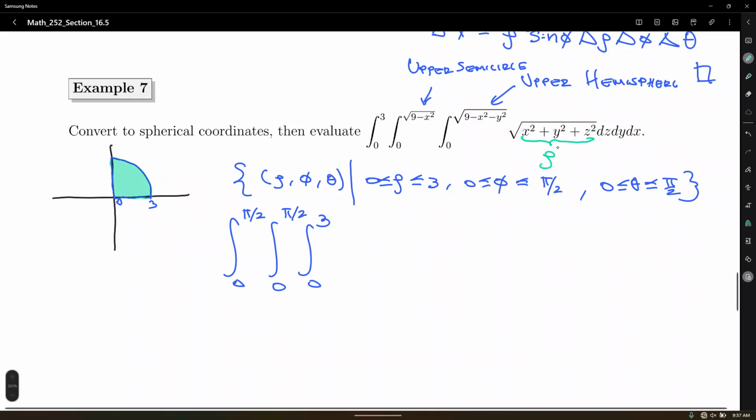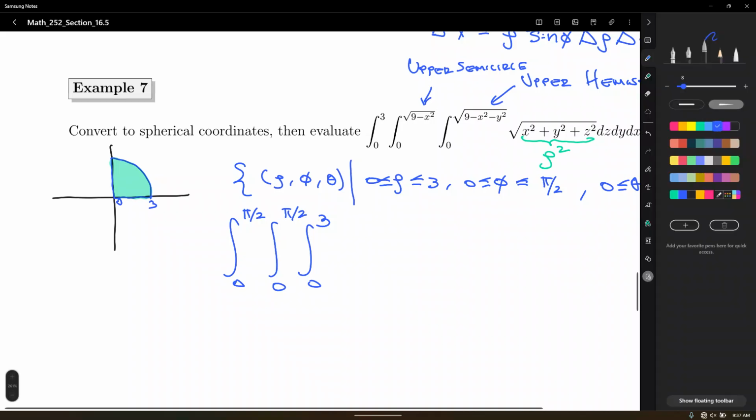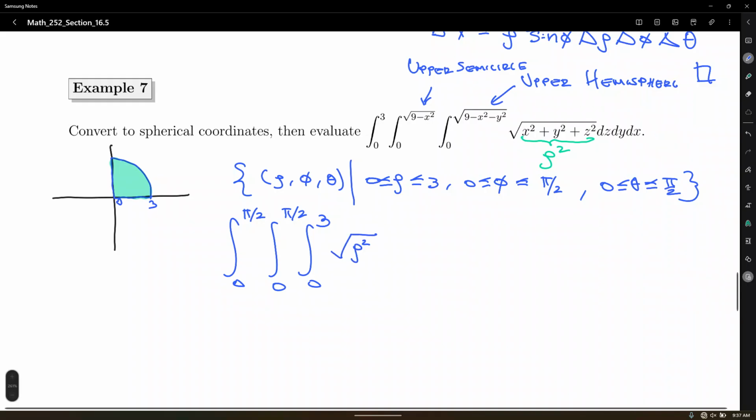Okay, that's the square root of rho squared. What does dz dy dx become from rectangular to spherical? Isn't that rho squared sine phi d rho d phi d theta?